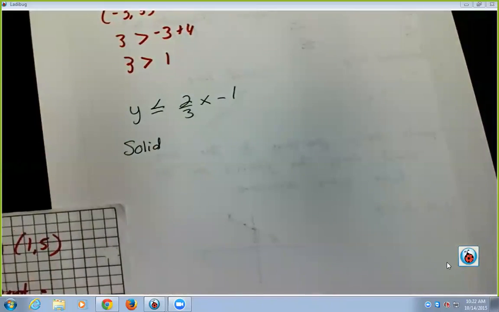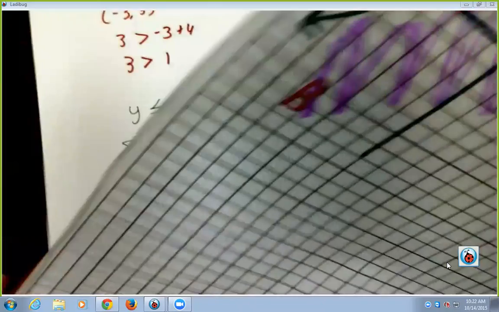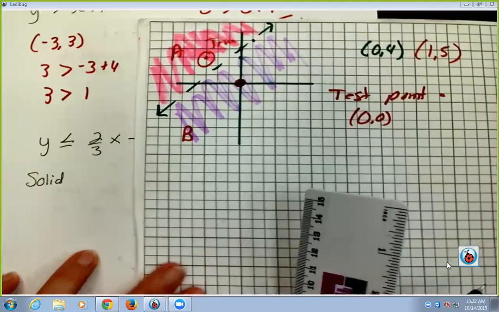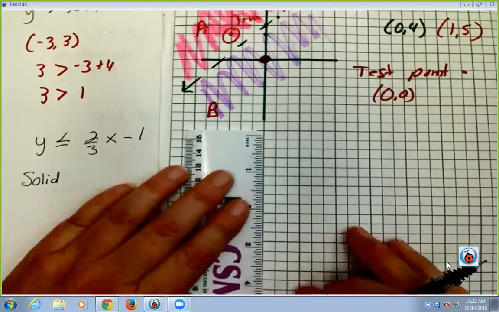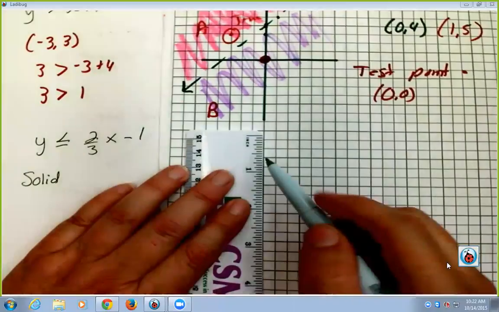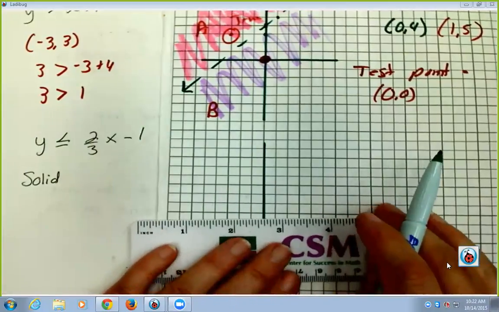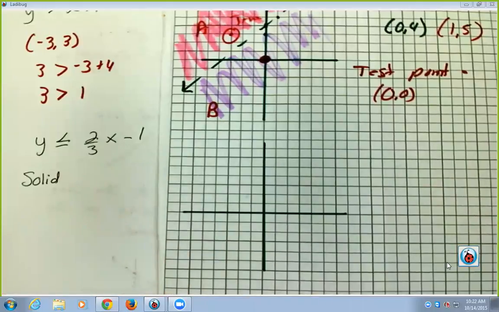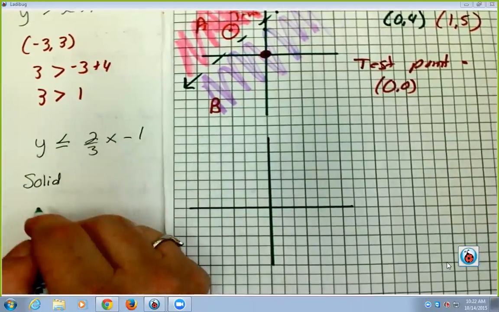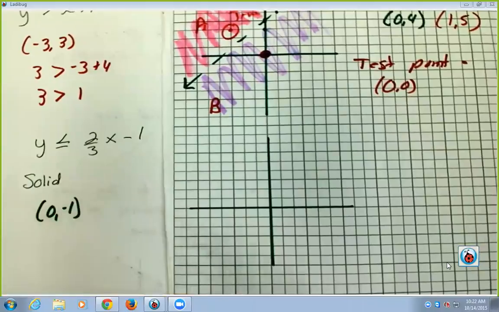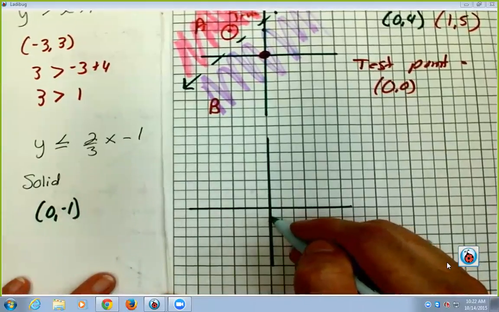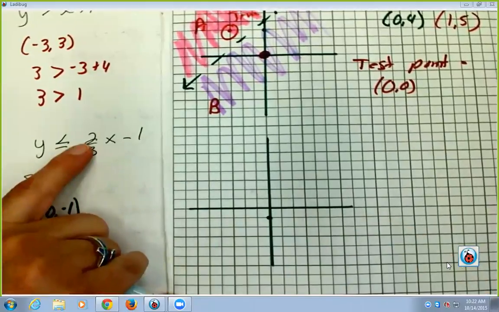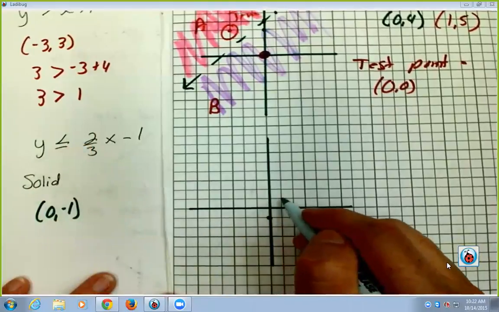So then, if I get my graph paper and I graph this thing on here, my intercept, which is going to be one of my points, is 0, -1. So 0, -1. Slope says up 2 and over 3.